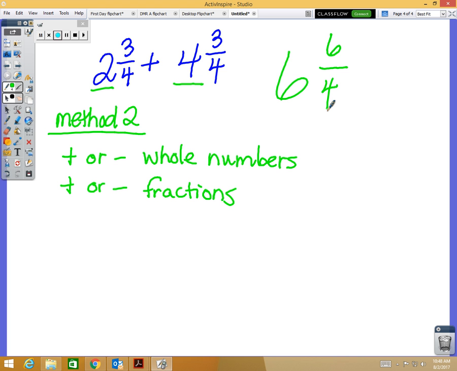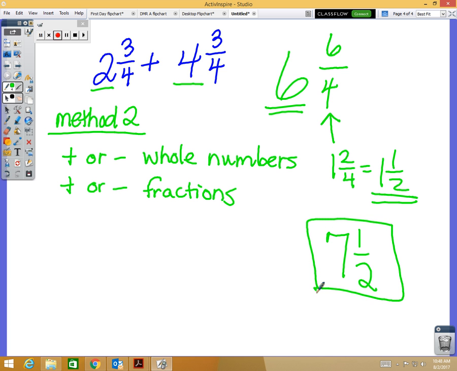Now what? Okay, so 6/4 is what? 1 2/4, which is 1 1/2. And now what? All right, so then we have to do our 6 and our 1 1/2, so 7 1/2.